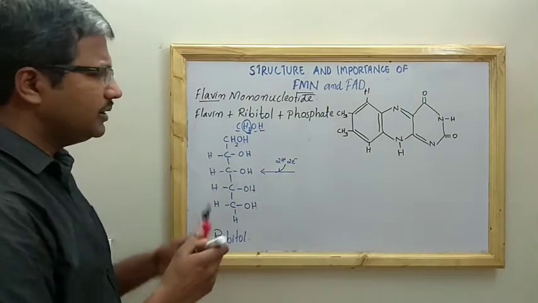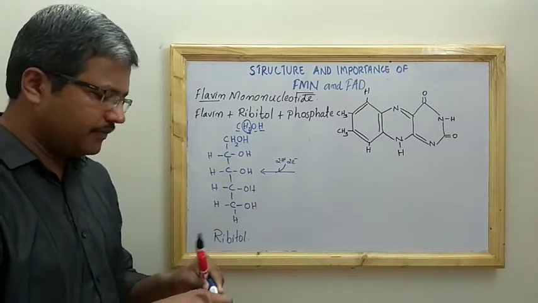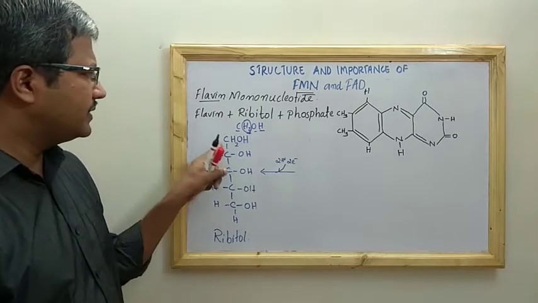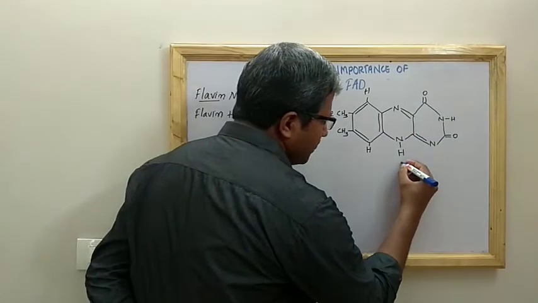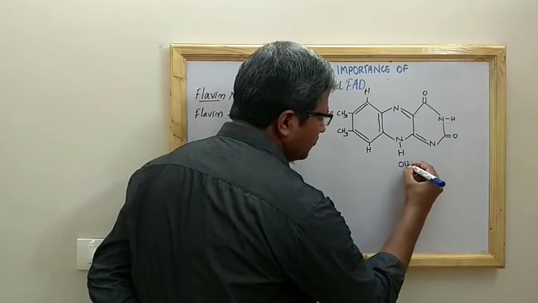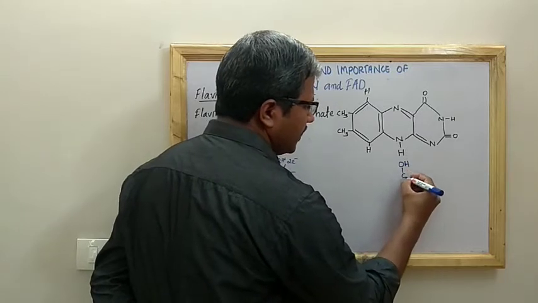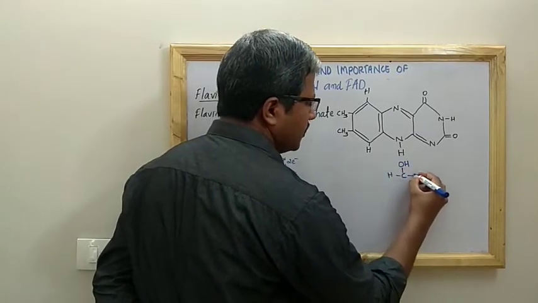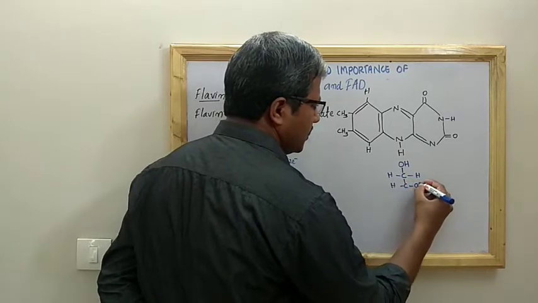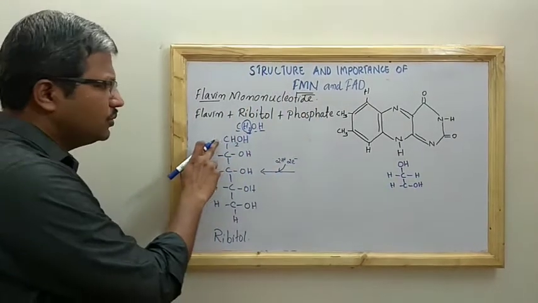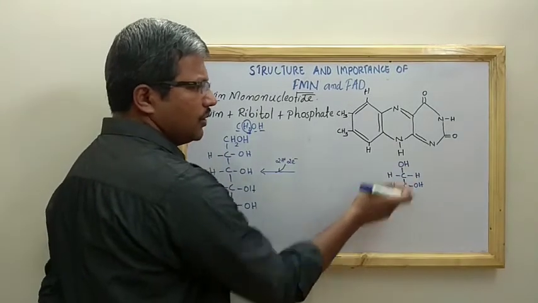So, I am just drawing the riboflavin part. Okay, so it's having CH2OH. So, OH I am drawing here, and then C, H, C, H, OH. So, I have drawn CH2OH in this way, CH2OH.